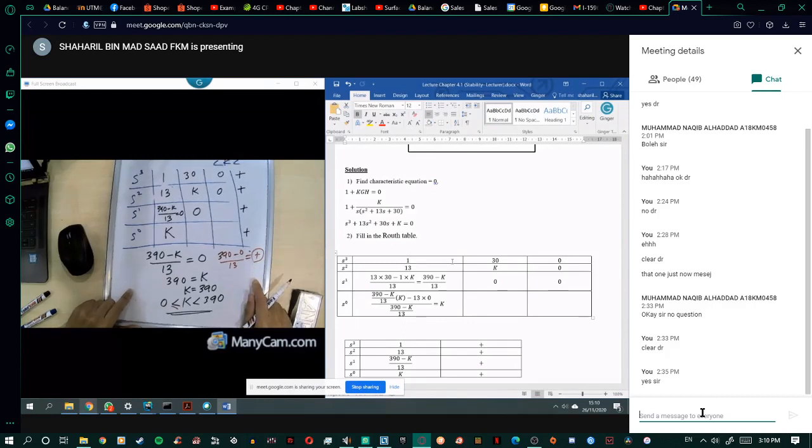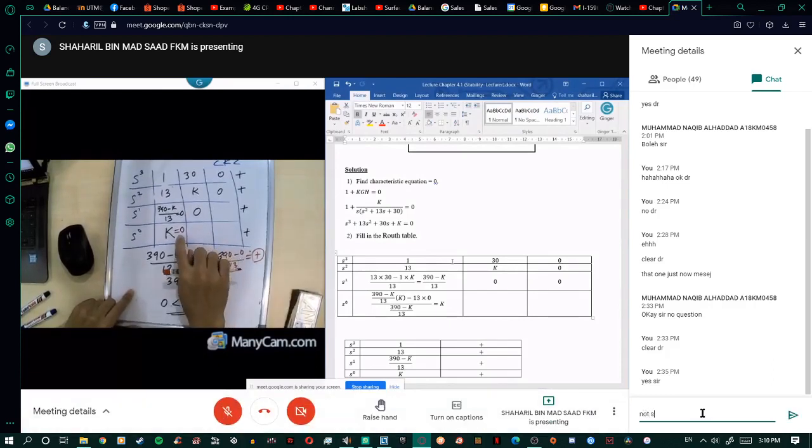Oh, no. It cannot be 0, right? Sorry. Why cannot it be 0? This one, right? When you put k equal to 0, that means the coefficient for this one is like s plus 0.